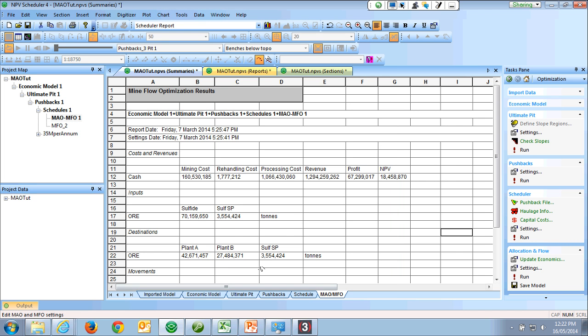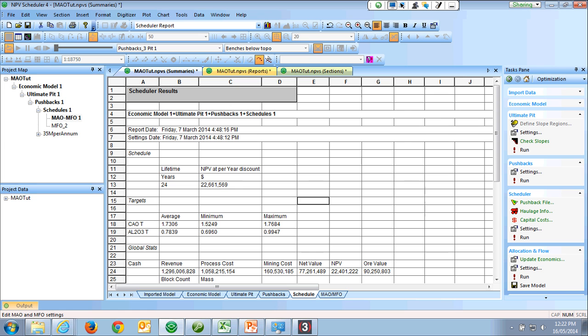So looking at the initial schedule, we had an NPV of 22.6 million. Now that's based on having the one plant, but it quite often will be that we would have a situation where you have different processing methods.